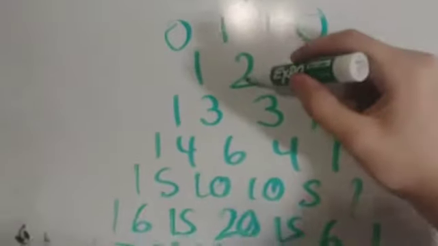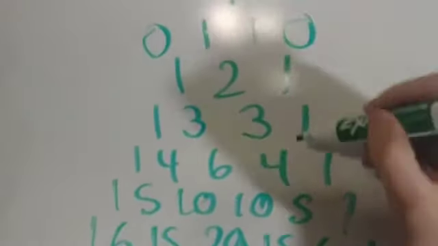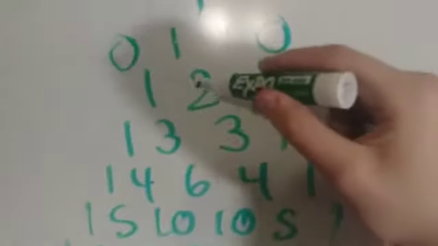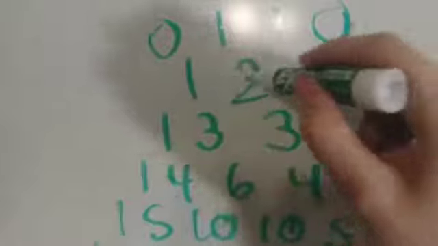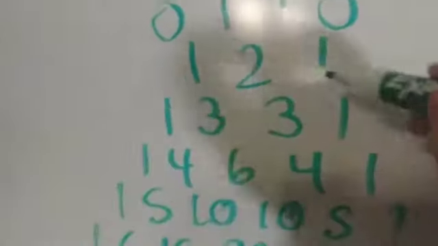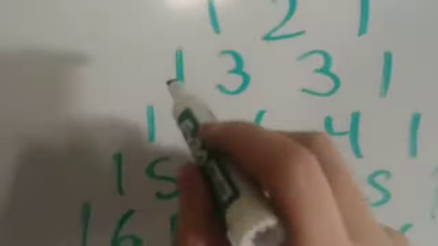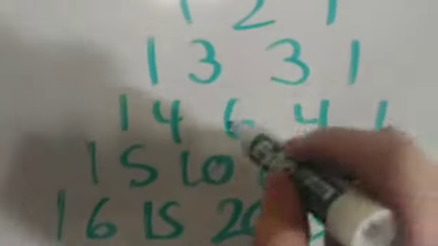You say 2 equals 1 plus 1. 1 plus 0 is 1. 1 plus 0 is 1. 2 plus 1 is 3. 1 plus 2 is 3. 1 plus 0 is 1. 1 plus 0 is 1. 1 plus 3 is 4. 0 plus 1 is 1. 3 plus 3 is 6. 3 plus 1 is 4. 1 plus 0 is 1. And so on. You keep going down and down and down. You add the 2 next to each other to create the one below it.